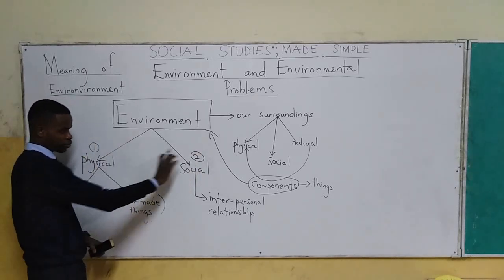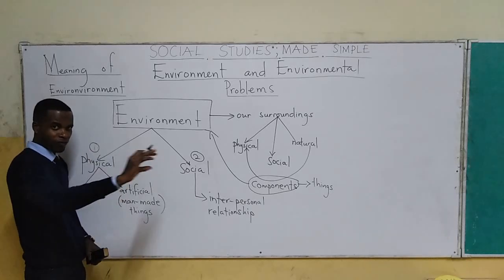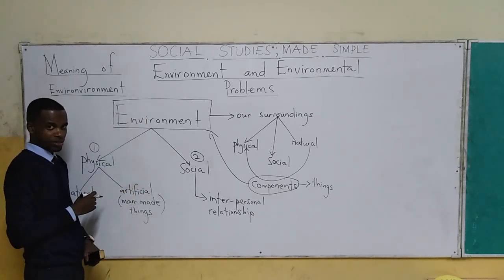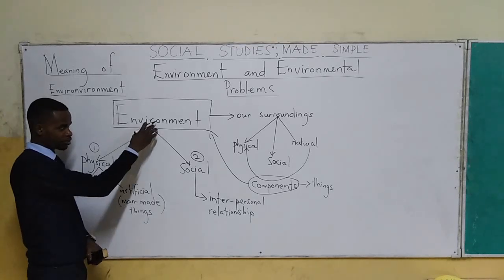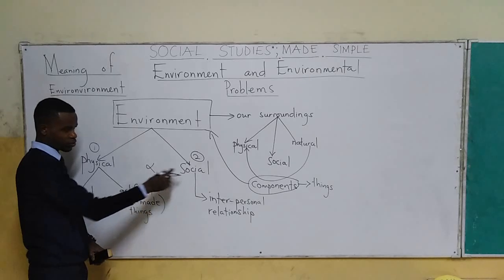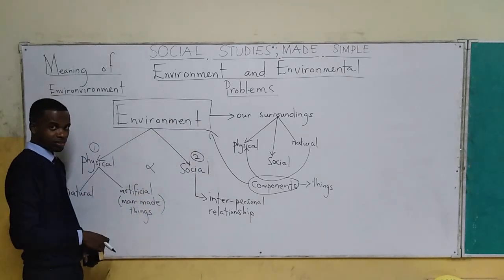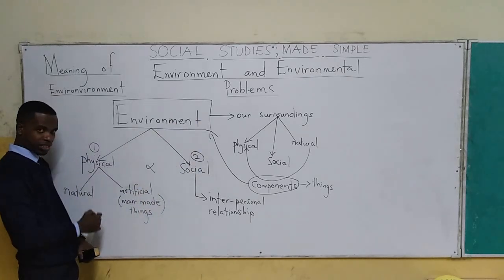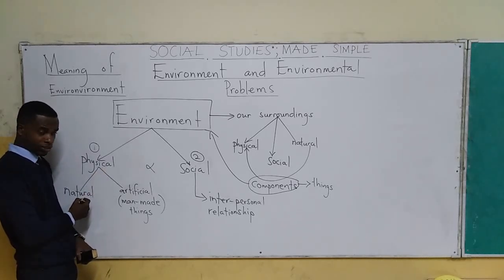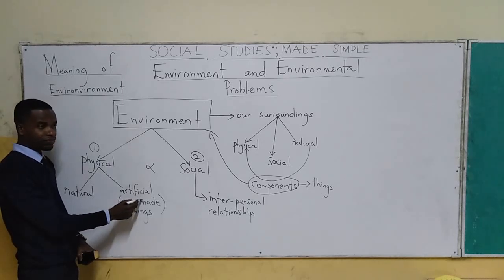So you can put the two types together to form your first statement when defining environment. So environment refers to our physical and social surroundings.